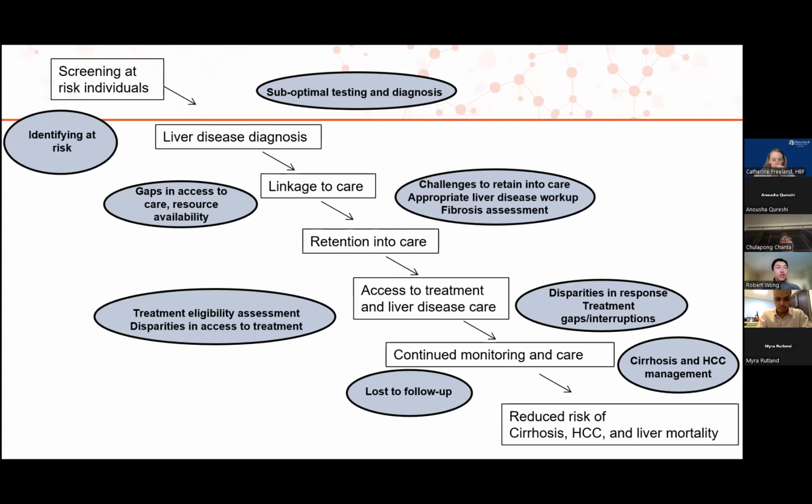But even after screening these individuals, that's not the end of the story. When you identify someone with hepatitis B, it's critical to link these individuals into care.